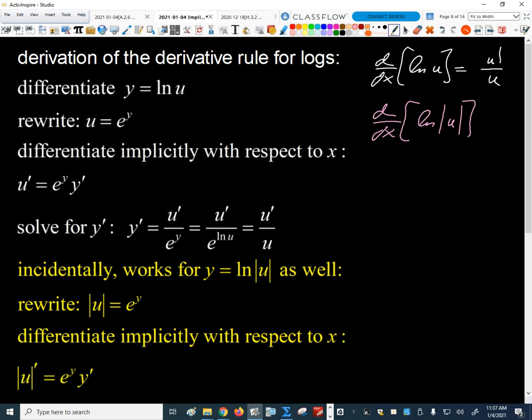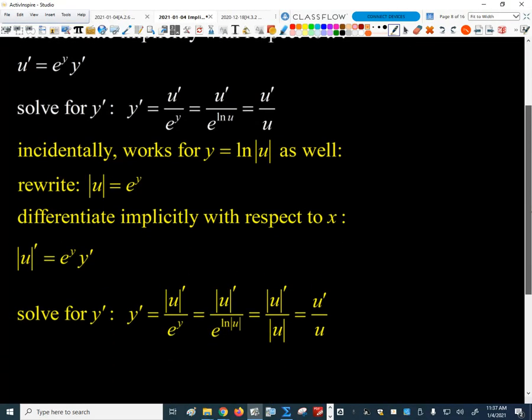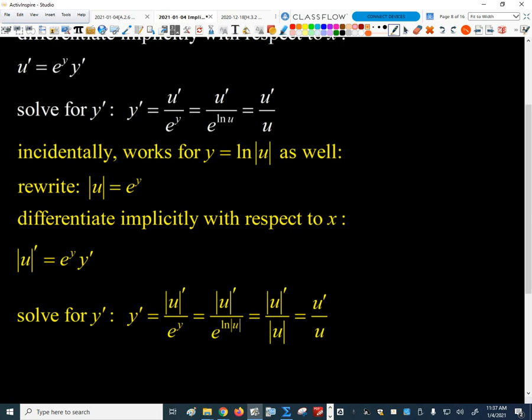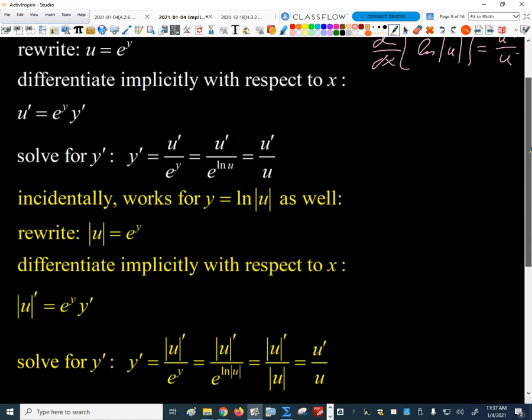You can't plug 0 or a negative number into a log function. It'll explode. We know that that's equal to u prime over u. And so this also works. If you just wanted to prove this to yourself, this also works if we rewrite the function as y equals the natural log of the absolute value of u. And I'll just leave this up here. I'll let you guys walk through that. Anybody that's interested, you can kind of walk through that algebra. But it's not a big deal. It works both ways. Okay.